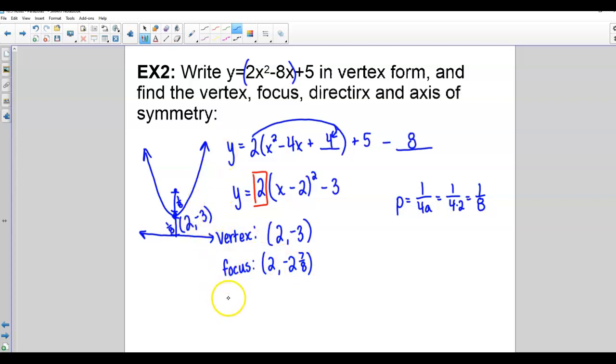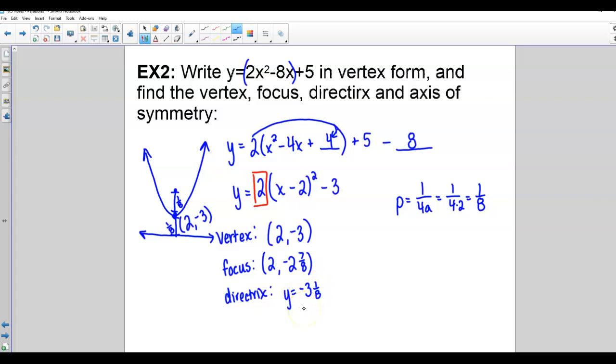For the directrix, for this one, I've got a horizontal line. Horizontal line is always a y equals equation. And so your y-coordinate of your vertex is negative 3. If you go down 1/8, you would have to subtract 1/8 from that y-coordinate, and you would get negative 3 1/8 here.